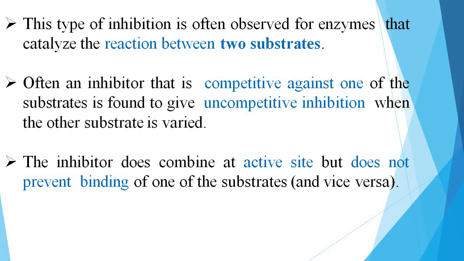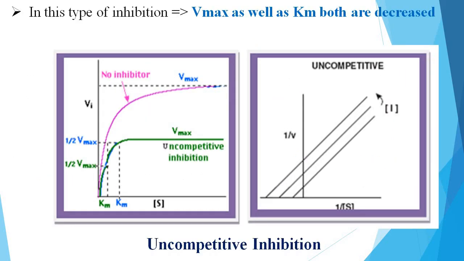An example of an uncompetitive inhibitor is the inhibition of the placental alkaline phosphatase by phenylalanine. And in this type of inhibition, the V maximum as well as the Km value both are decreased.